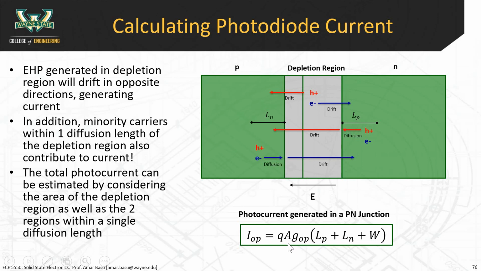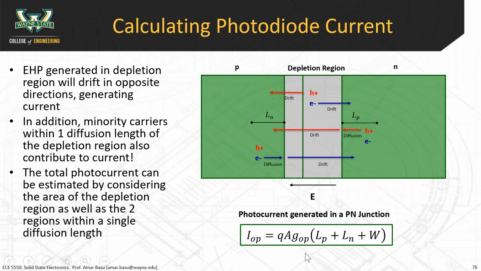The volume of the depletion region is the width of the depletion region times the cross-sectional area. The volume of the region out here is L_P times the area, which is why you have this term in the parentheses, and this side here is L_N times the area.